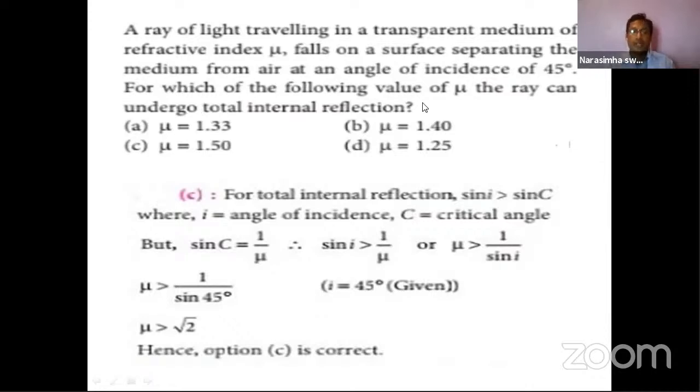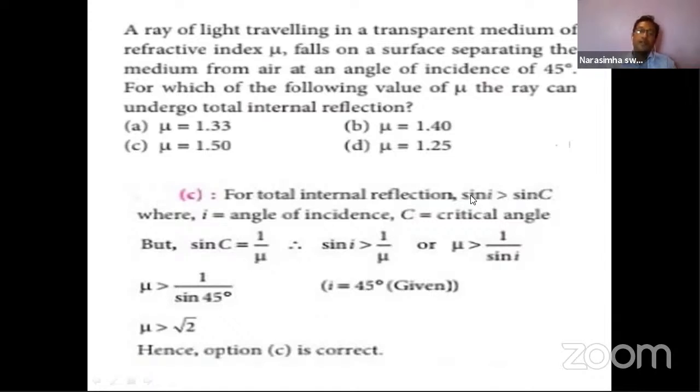Total internal reflection. We should know the condition for total internal reflection: the angle of incidence should be greater than the critical angle. Then only the light ray reflects. So for total internal reflection, sin i is greater than sin C, meaning the sine of the angle of incidence is greater than the sine of the critical angle.